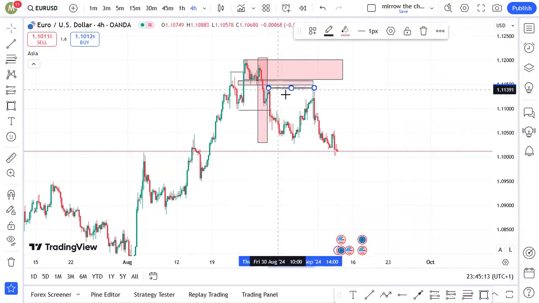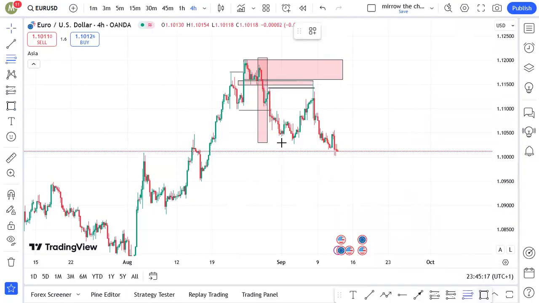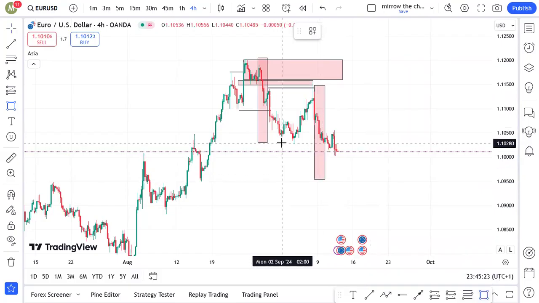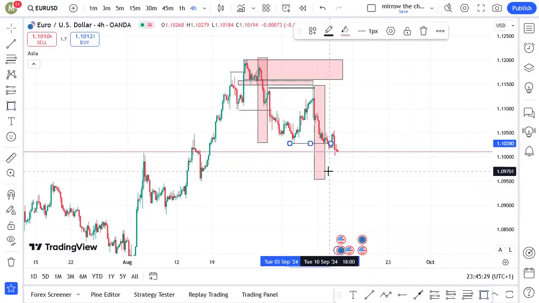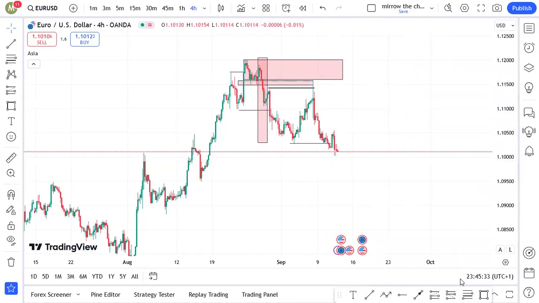All these things are liquidities. After price has grabbed them, price will do what? Price will dump. Boom. Still break of structure again. See this? This is a virgin range now. You understand?